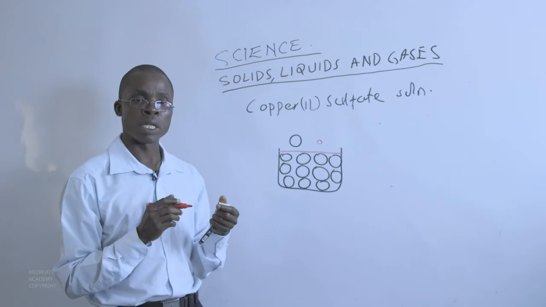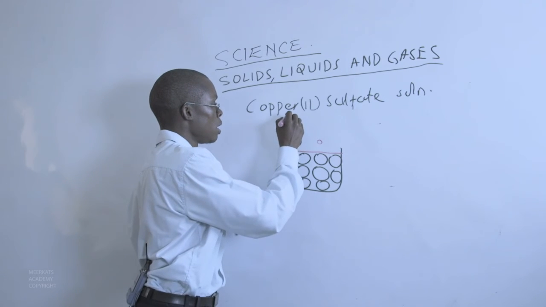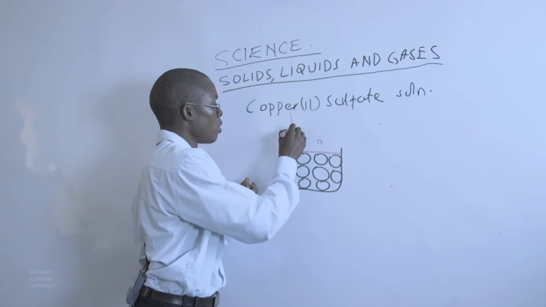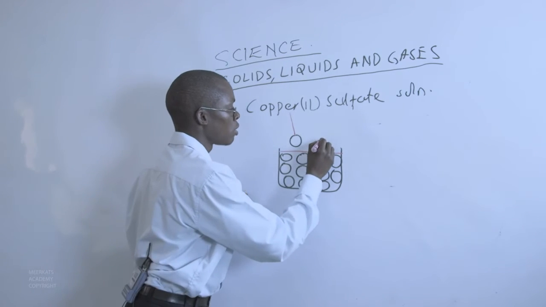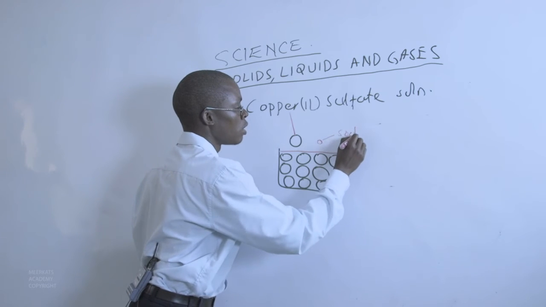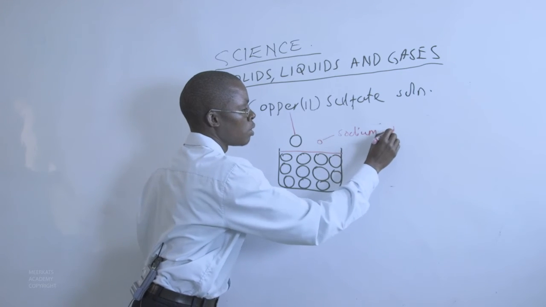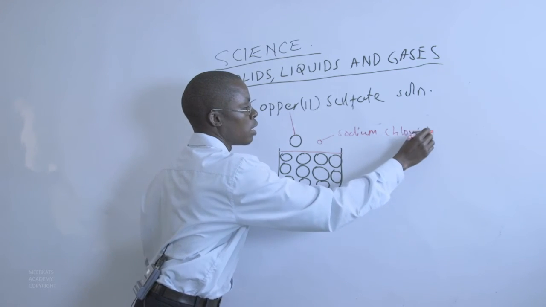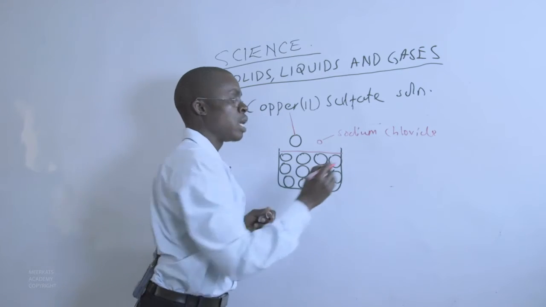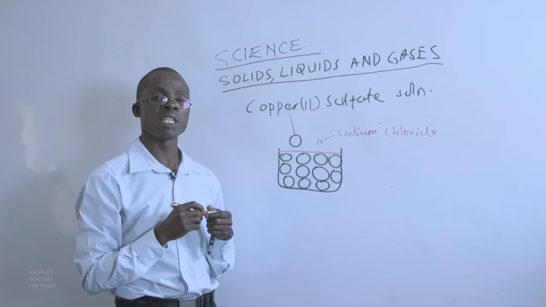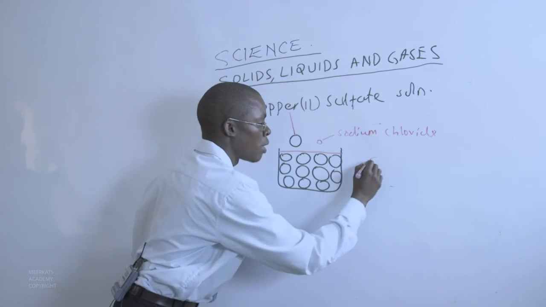It's smaller in size. So this one is taking the position of copper sulphate, and this one is taking the position of sodium chloride. The answer to this question is in size. Size is our answer.